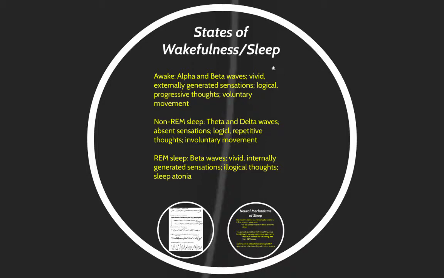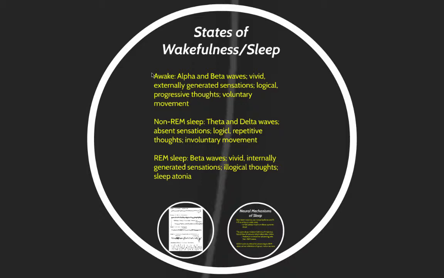Our brain is a key indicator of what state of wakefulness or sleep we are in. When we are awake and alert, there are typical alpha and beta waves present. These represent hundreds and thousands of neurons in our cortex that can be recorded through an electroencephalogram, or EEG.